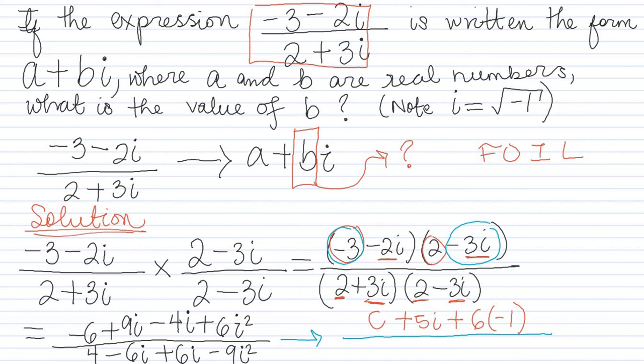That's what we did in the previous video. So in the denominator, you have 4 minus 6 plus 6, which is 0, so we don't have to write that down. Minus 9, what did we just say i squared stands for? i squared is negative 1. So we're going to rewrite what we just had on the next page and continue solving.